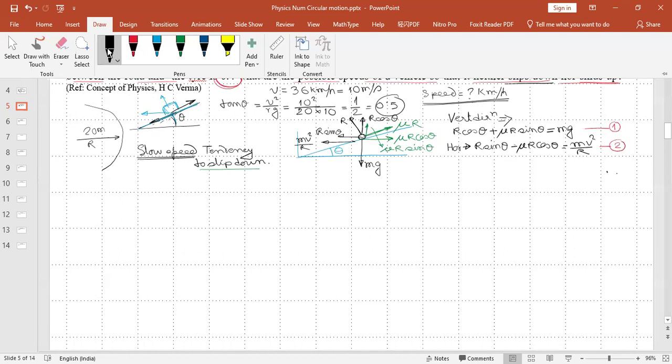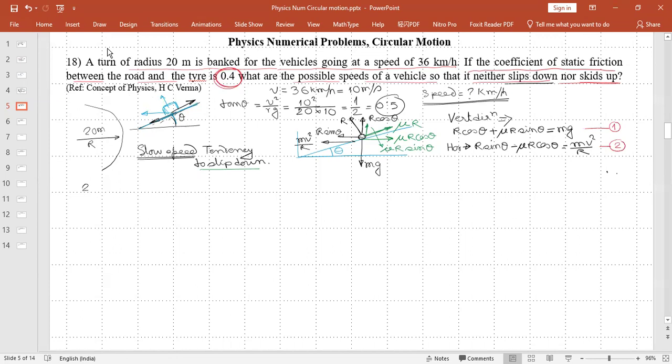Once you consider this, then what do we do? We do this way. Equation 2 divided by equation 1.